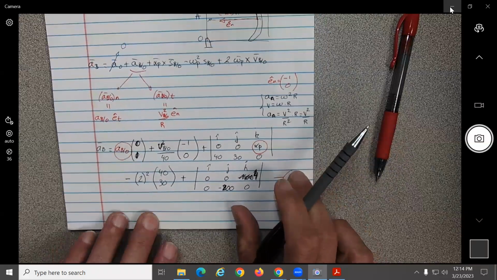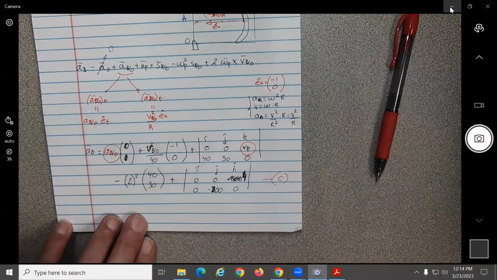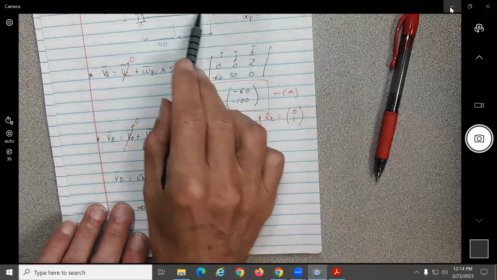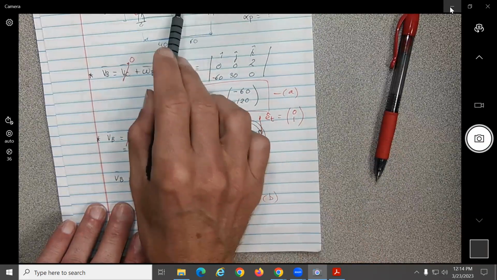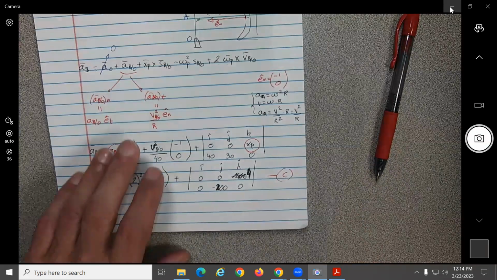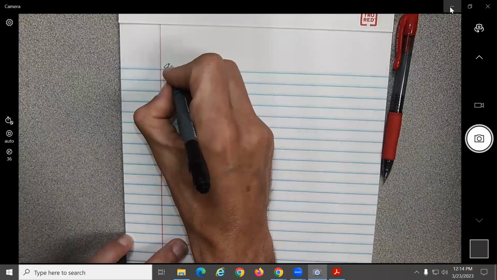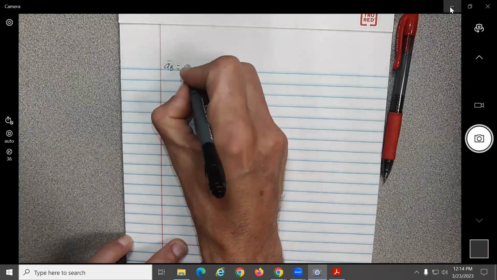And then if we do the other equation, which is the acceleration of B with respect to C. Again, I'm going a bit fast. Acceleration of B with respect to C. Do we have a relative term?